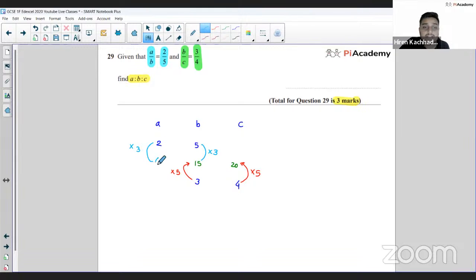So 3 times 2, that is 6. So here you can see clearly the relation between A, B, and C: 6 is to 15 is to 20, okay? Clear, everyone? 6 is to 15 is to 20, and there is nothing common, so we are not able to cancel anything, okay? Yes, everyone? Yeah, and this is absolutely correct, okay?